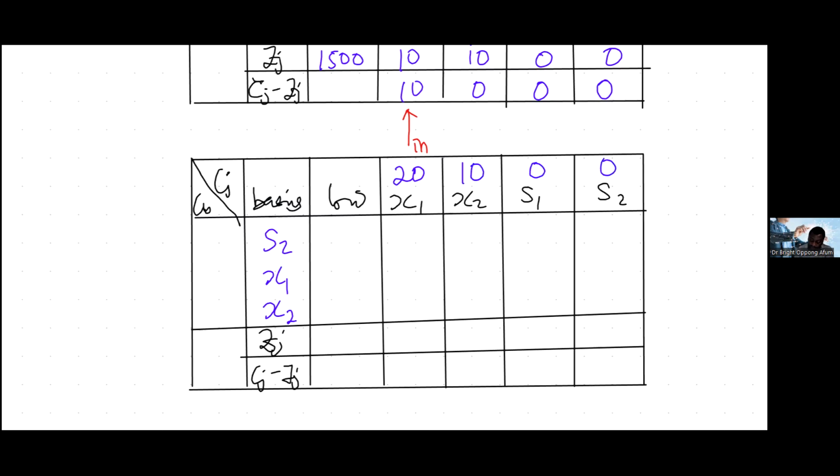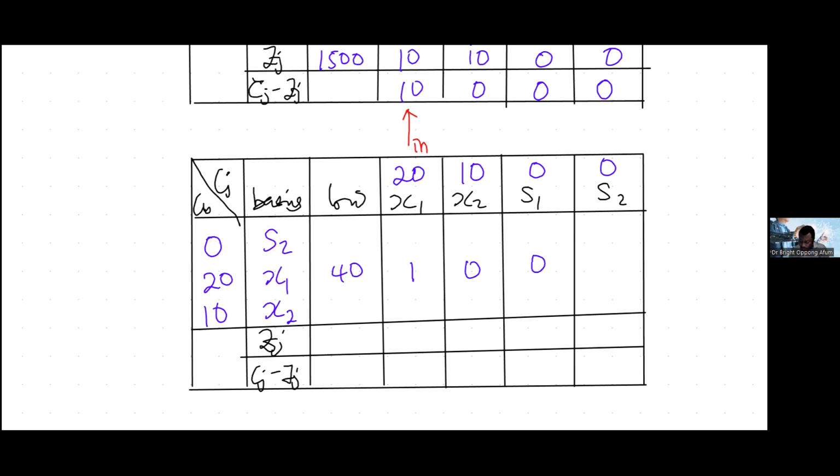So 0, 20, 10. Right, so the new X1 row, remember it was 40 divided by 1. So 40 divided by 1, we know what to do. Everything remains the same: 40, 1, 0, 1, 0.